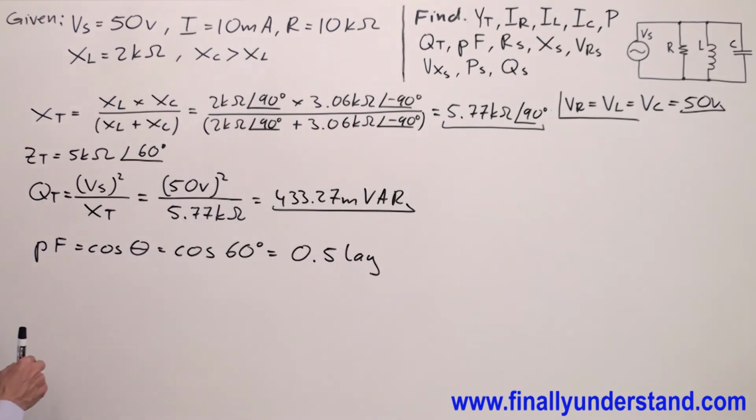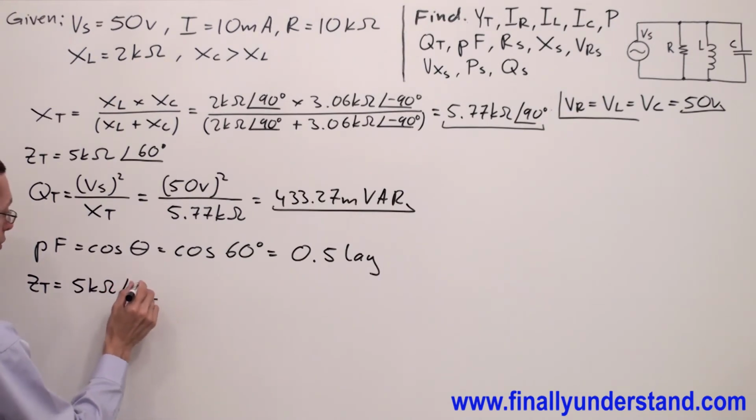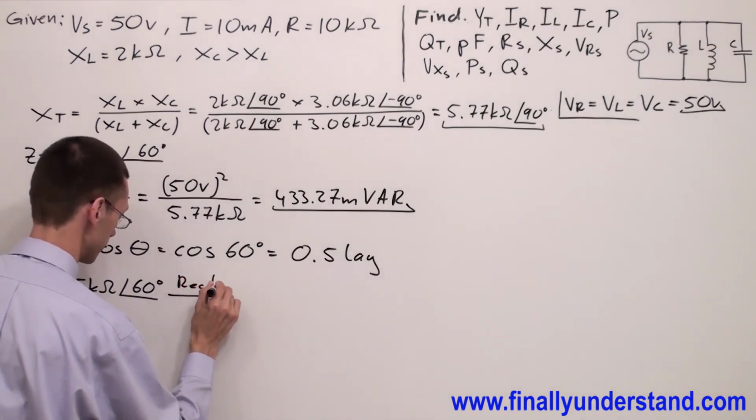Next, we're supposed to find the series equivalent circuit. We found already Z total, so I have to write Z total is equal to 5 kiloohms and an angle of 60 degrees, and convert this to rectangular form.